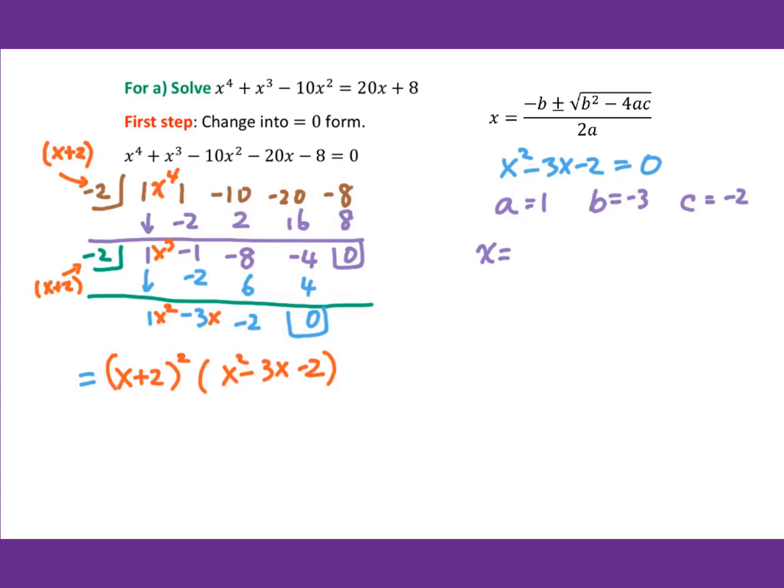So x equals negative b, that means the opposite of b, that's 3, plus or minus the square root of -3 squared minus 4 times 1 times -2, over 2 times 1.